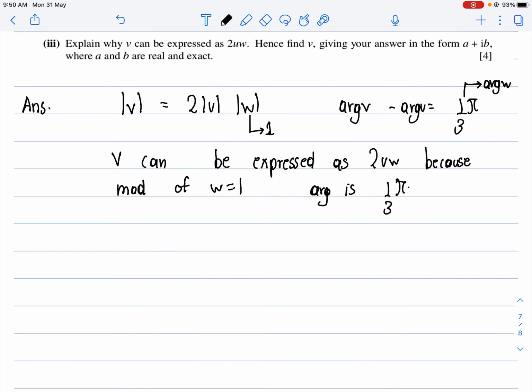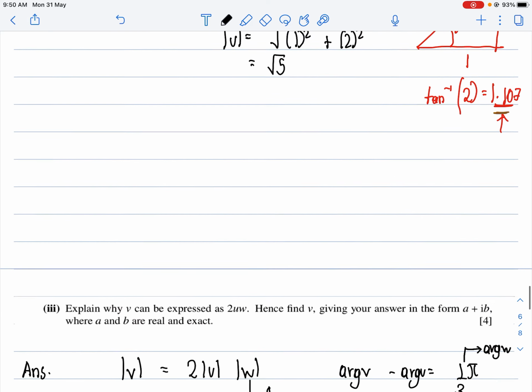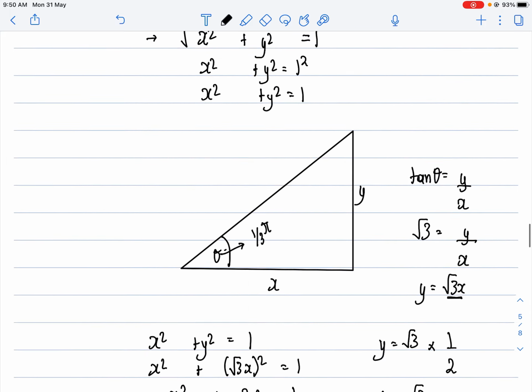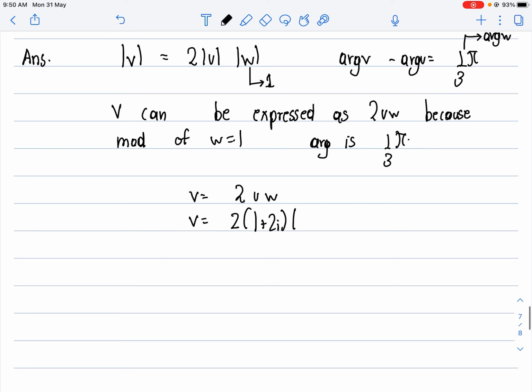So now I know my v can be expressed as 2 into u into w. So my v equals 2 into, I know my u from above, 1 plus 2i. So I can simply put 1 plus 2i here, and my w I know from above, which we calculated here, 1 over 2 plus root 3 by 2 i, which is 1 plus root 3 i over 2.